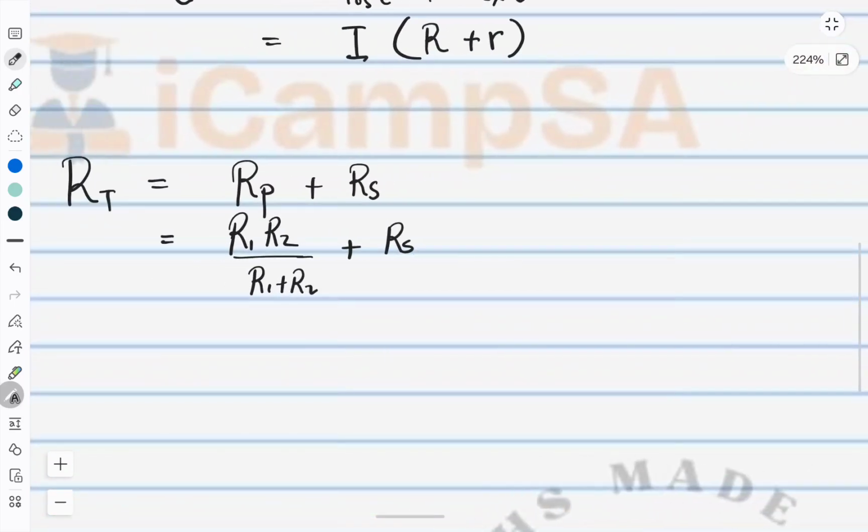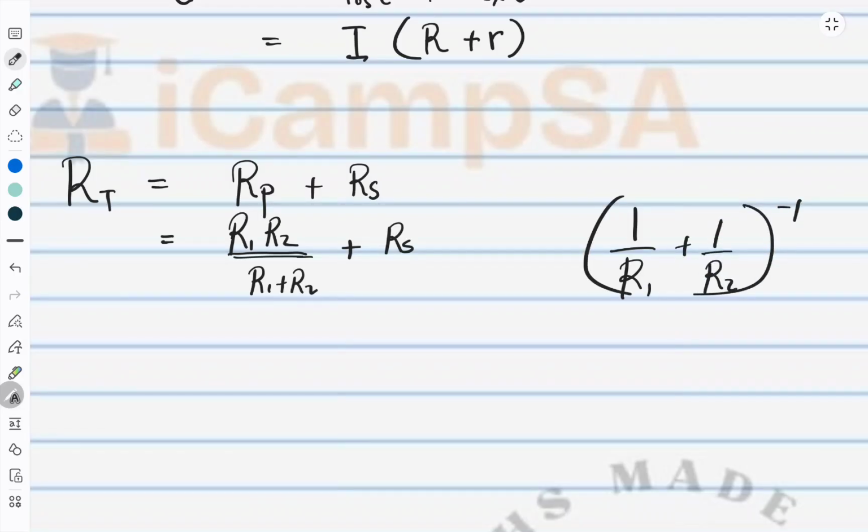If you forget this formula, you can use the one that says 1 over R1 plus 1 over R2, and then you invert this, of course. You don't leave it as it is. Then that's your R_P. You will get the same answer.